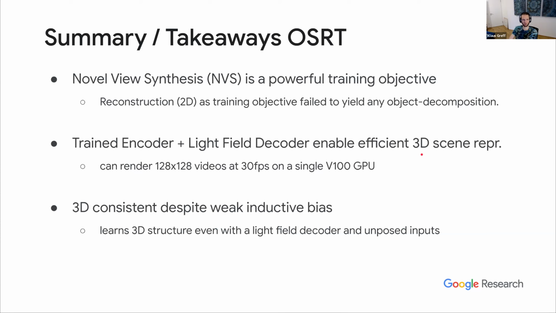So I wanted to summarize what I wanted to stress and think are the main takeaways. Novel view synthesis is a surprisingly powerful training objective. And I'm actually coming to think that 3D structure is not complicating the task of object decomposition, but might actually be helping it.